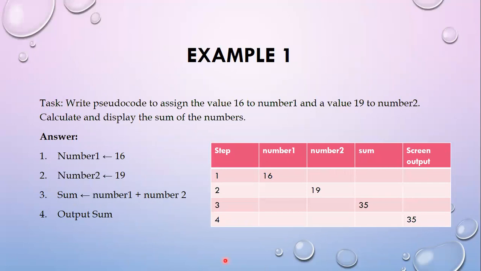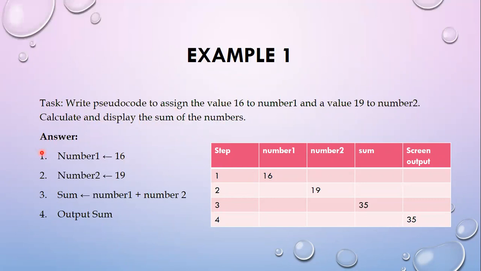Okay, so let's take a look. We've got a pseudocode and a trace table. So either a flowchart or a pseudocode with a trace table. It says here, write pseudocode to assign the value 16 to number 1 and value 19 to number 2. Calculate and display the sum, meaning plus or addition, of the numbers.